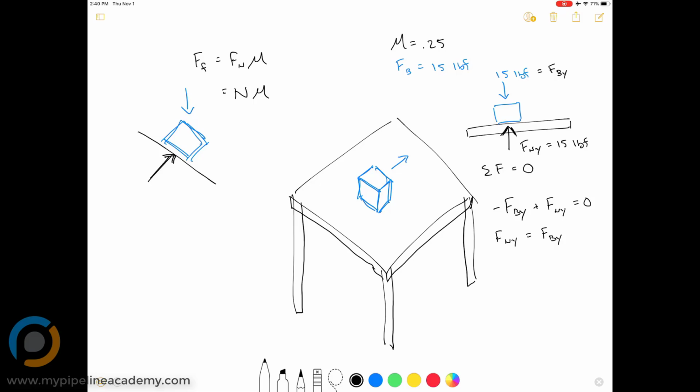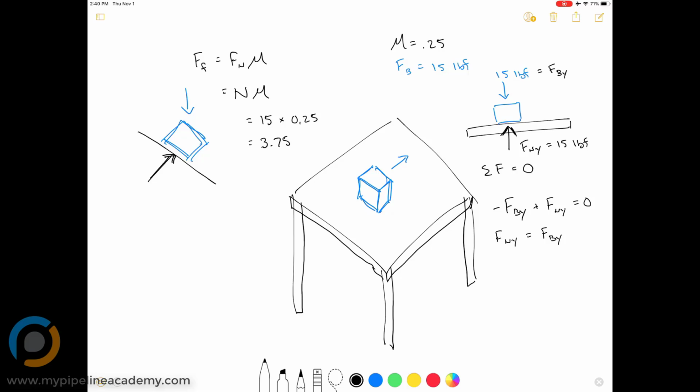So we know our coefficient of friction, and we know our normal force. Now we can plug those into our equation. So we'll say 15 times 0.25. So a quarter of 15 is 3.75, I think. 2 times 3.75 is 7.5, and then 2 times 7.5 is 15.